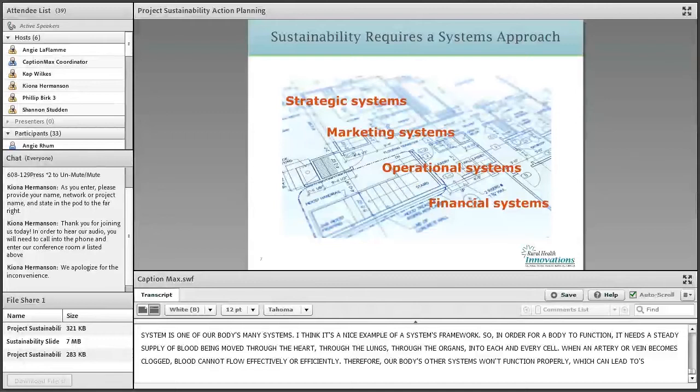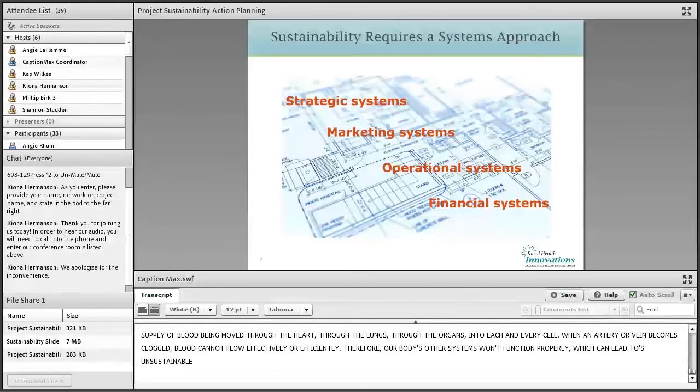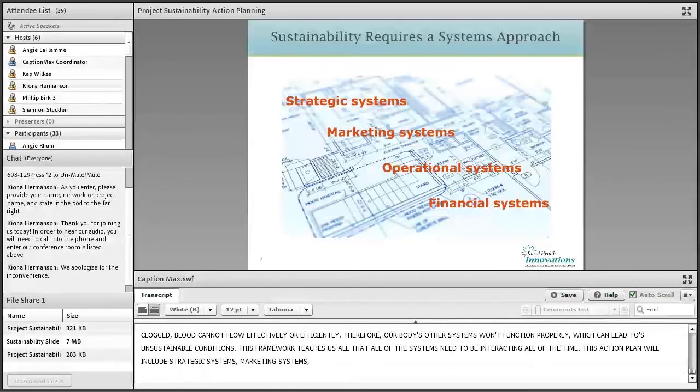And a systems approach to sustainability fits perfectly with the tried and true Baldrige Performance Excellence framework that teaches us that all of the systems need to be interacting all of the time. Therefore, your project sustainability action plan will include strategic systems, marketing systems, operational systems, and financial systems.